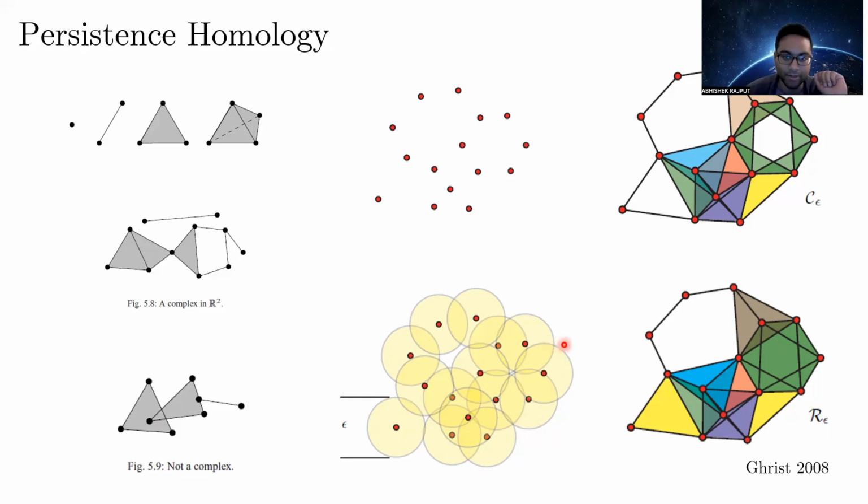The main difference between this Čech complex and this Rips complex is that if you again look at these three points, you would draw a two-simplex if they pairwise intersect. These two neighborhoods intersect, these two intersect, and these two intersect. So you would say, okay, there probably is a hole there, and you would fill that up and draw a two-simplex.